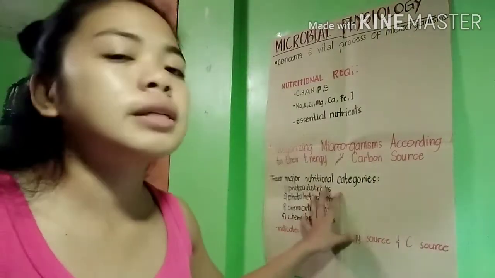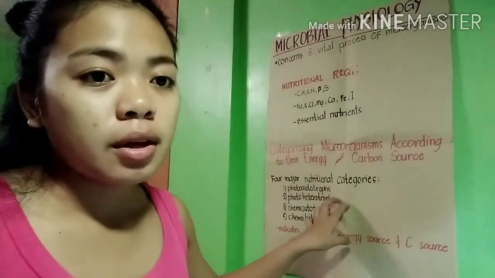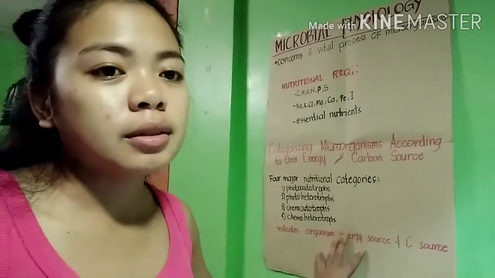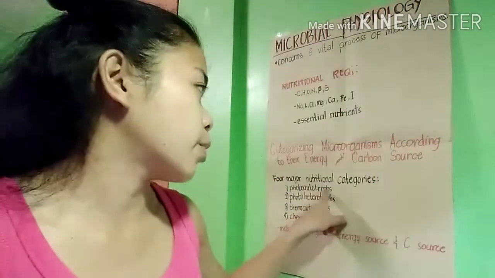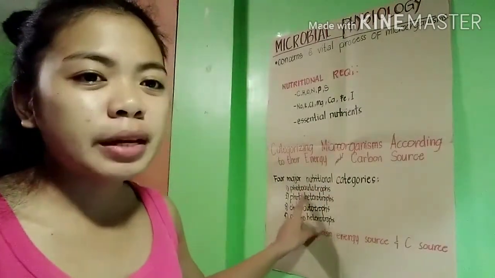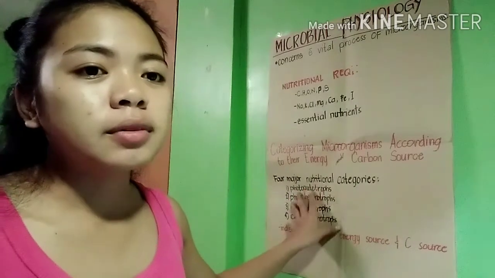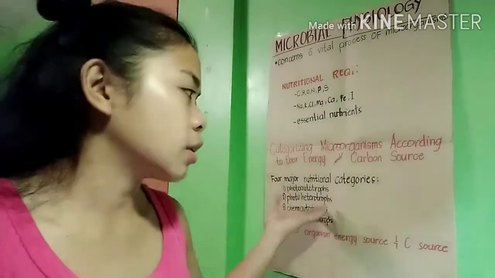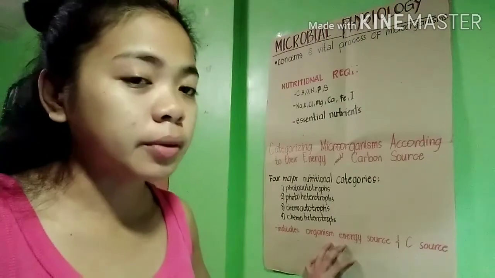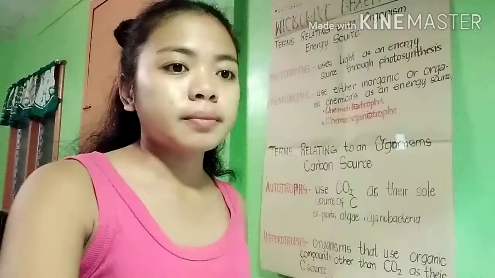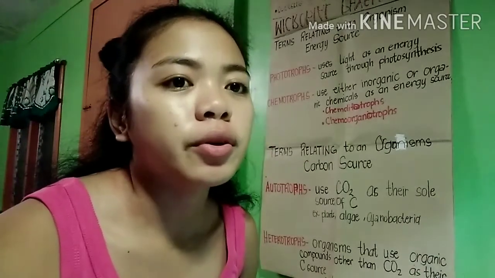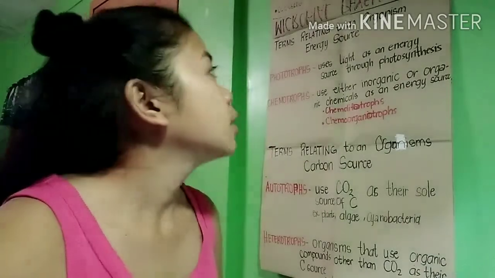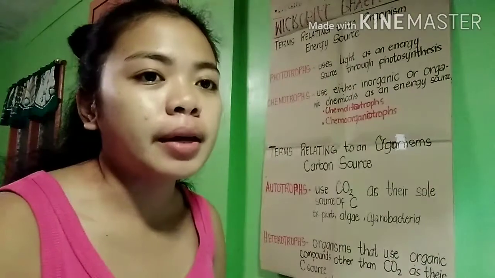But before that, we will discuss first the single forms. This was a combination of the nutritional categories of microbes. So these are the terms relating to an organism's energy source.